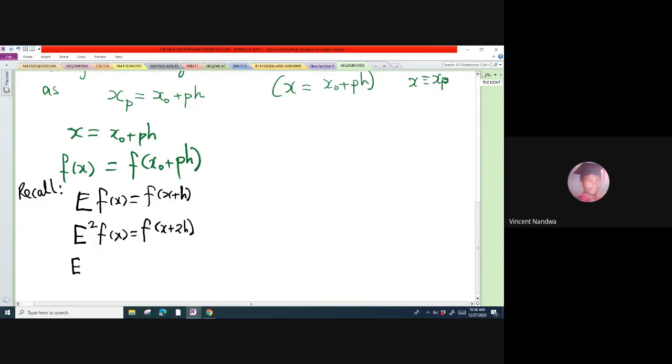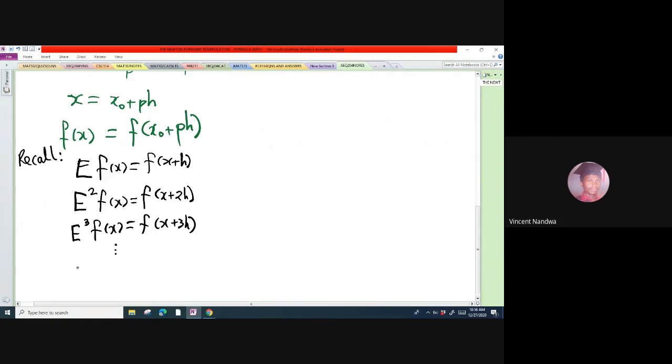The third shift of f of x is given by f of x plus 3h. In a similar manner, shift raised power n of f of x is given by f of x plus nh, or similarly shift raised power p of f of x is the same as f of x plus ph.